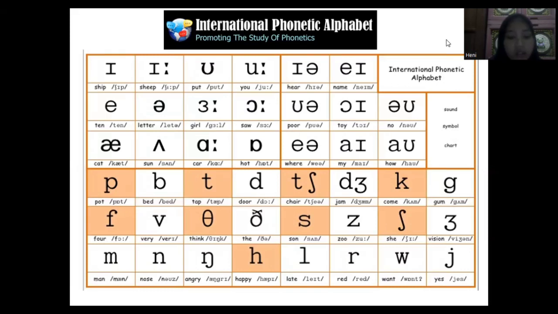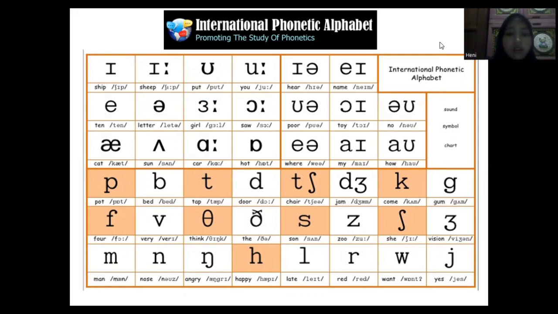In the dorsal area, there are k and g. K sound is voiceless. The example, come. G sound is voiced. The example, gum.